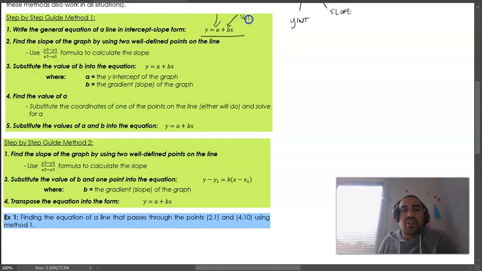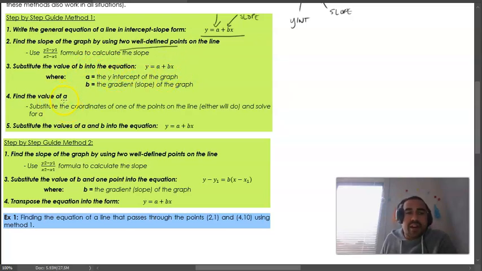This is easily done by getting 2 points that the question gives you, labelling them x1, y1, x2, y2, and doing a simple substitution straight into here. This will give you your b, your slope. That's the easy part.